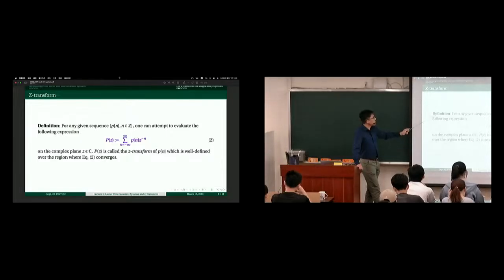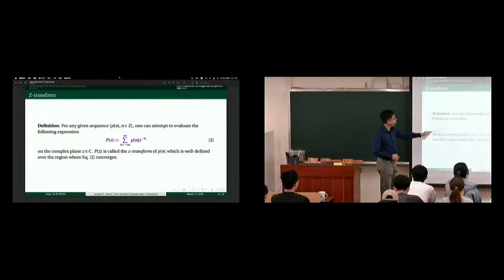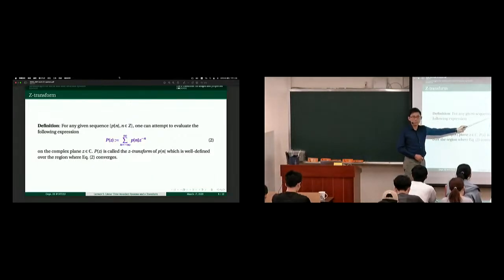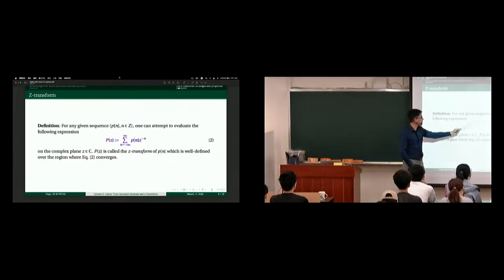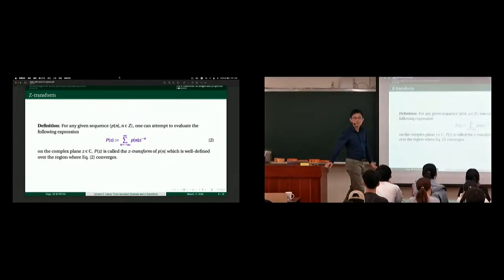So we begin today's lecture by looking at the definition. Suppose that we are given a signal denoted by P, being any sequence, or you can say that P is a discrete time signal with index n being integers.